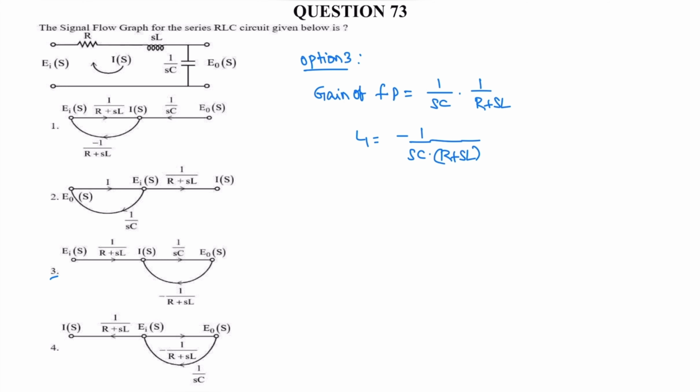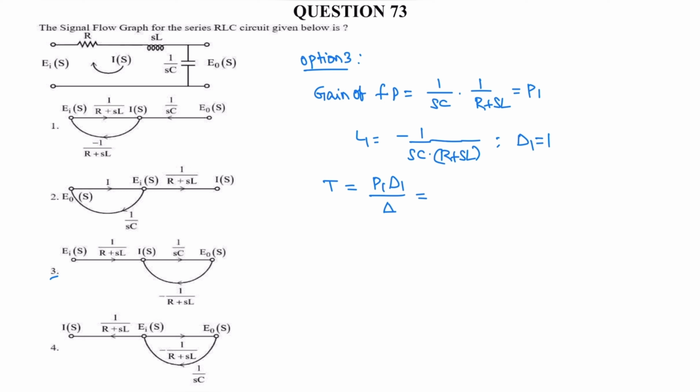Apply Mason's gain formula, then we will get the overall transfer function T is equal to P1 delta 1 by delta, where P1 is the forward path gain and L1 is the loop gain. Here delta 1 is 1. The value of delta is 1 minus the sum of loop gains of all individual loops.